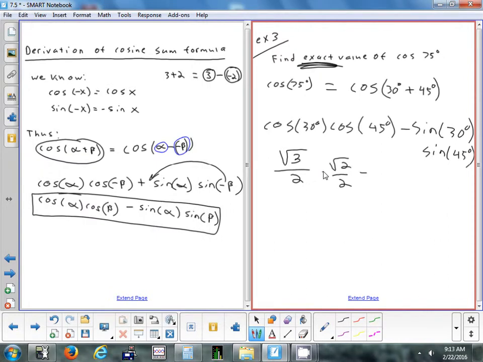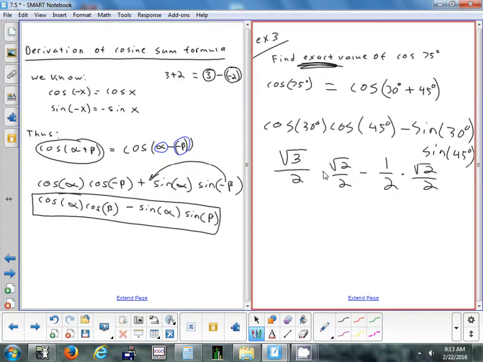Does anybody remember the sine of 30? This one came out nice. Not 1. 1/2. And how about the sine of 45? We did this one when we did the first problem. Yep, that's also the square root of 2 over 2.